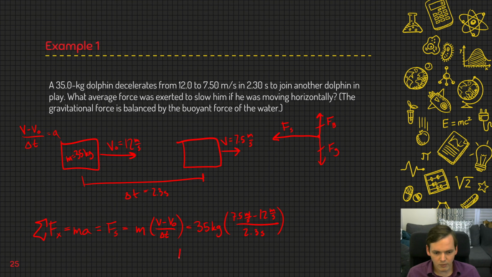So our net force for slowing down should be around 70 newtons. You can go in and calculate that yourself to see how close, but you should be in the ballpark of 70, give or take.